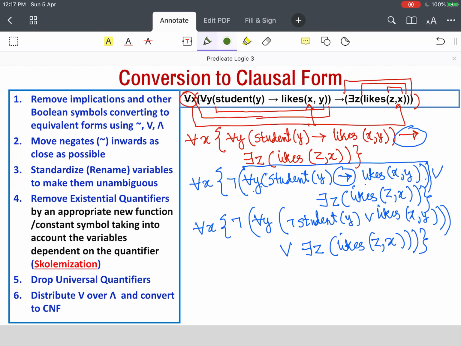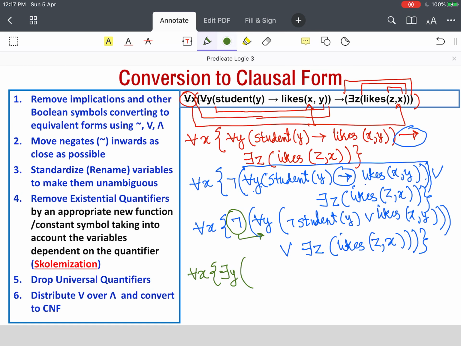Now what we have to do is start moving this negate inwards. Once this negate moves inwards, this for all will become there exists, and all these will start getting modified. So this will now become this.